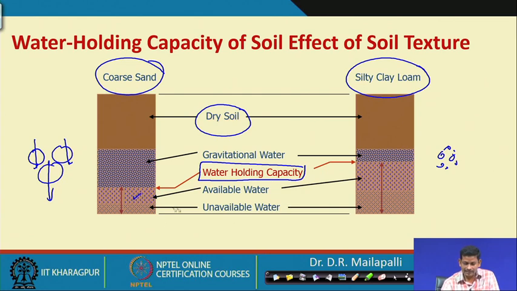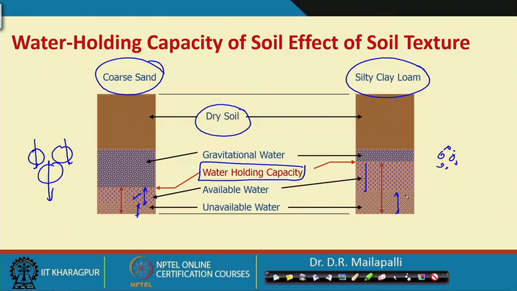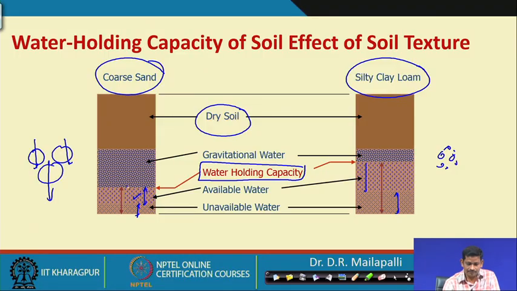That is the reason, if you see, this amount is available water, this amount is available water, whereas unavailable water here is even smaller, and unavailable water is larger here, because of the tiny pores and the water is held strongly with the soil particles. So, if you see the water holding capacity, this is the magnitude and this is the magnitude. That means the fine texture soils will hold larger water compared to the coarse texture soils.